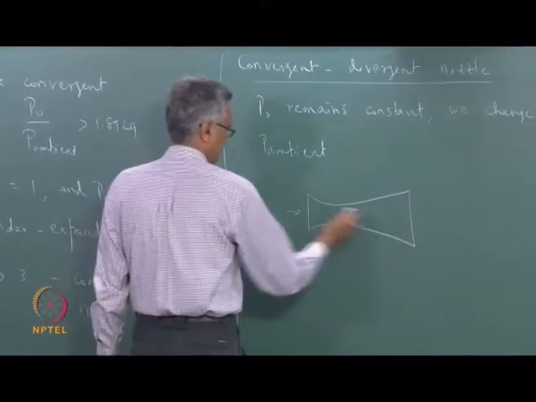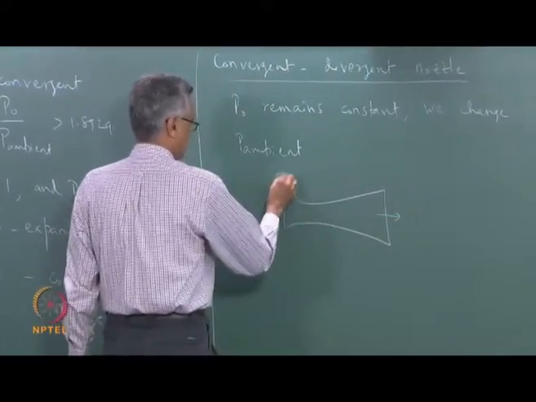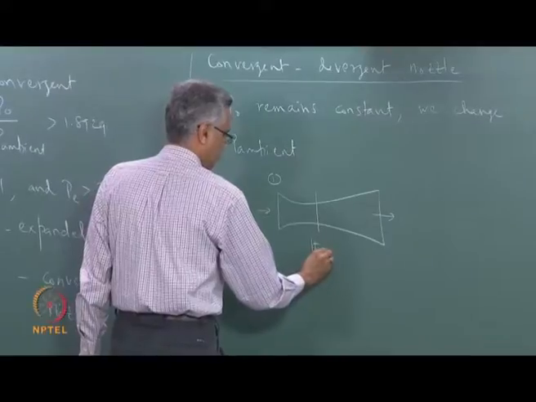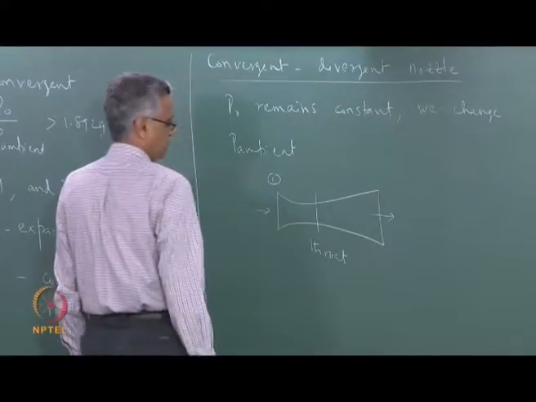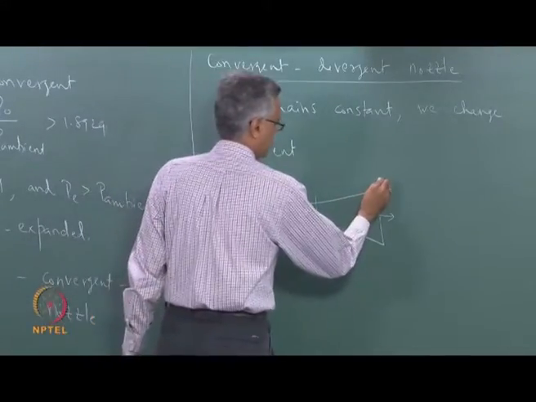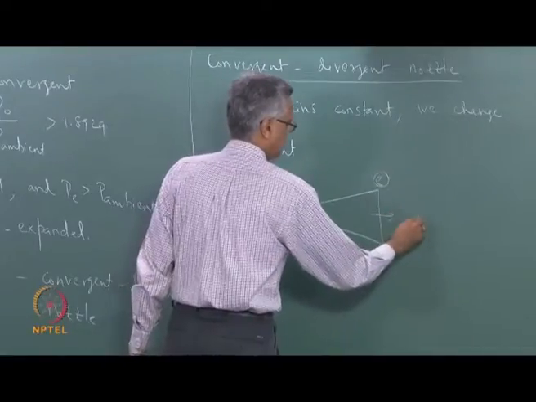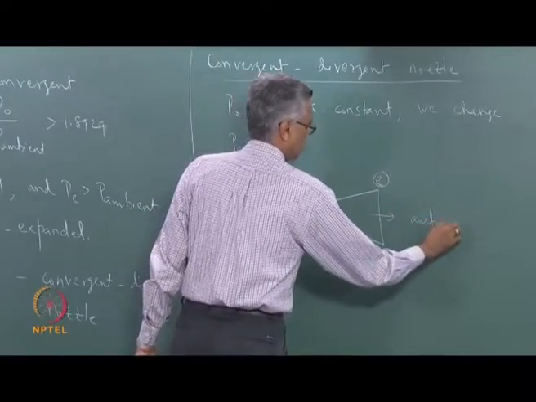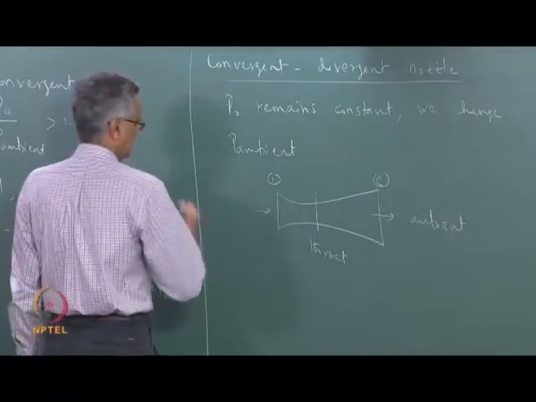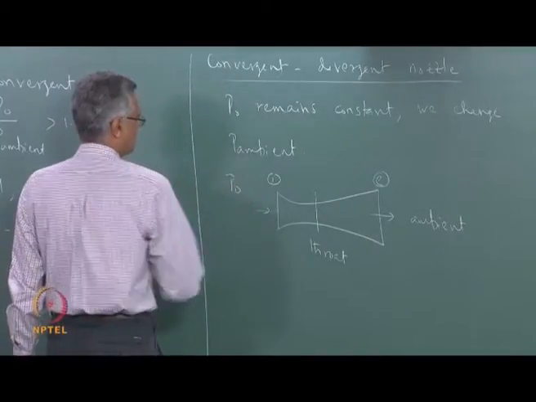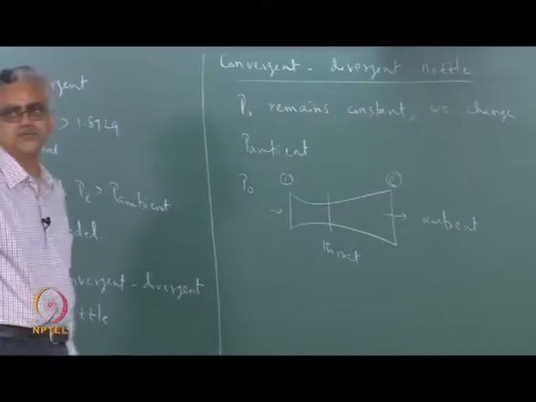Let us say that this is state 1, this is the throat, and this is actually the exit, and this is the ambient, and let us say that the inlet stagnation pressure is P0 and that remains fixed.